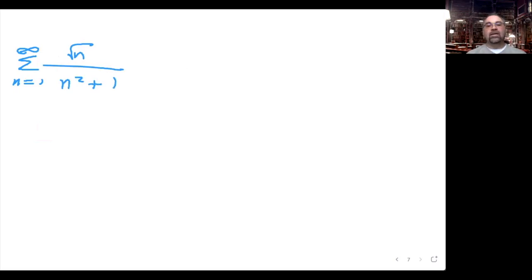Now it's not quite as simple as before when we were doing direct comparison, because I've got n's in the numerator and the denominator. So if you ignore all but the most powerful terms in the numerator and denominator, what this looks like is the square root of n over n squared.